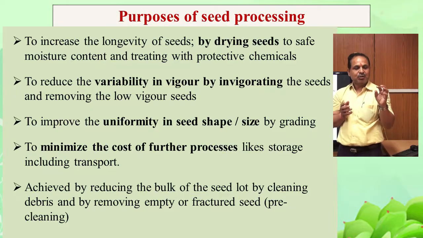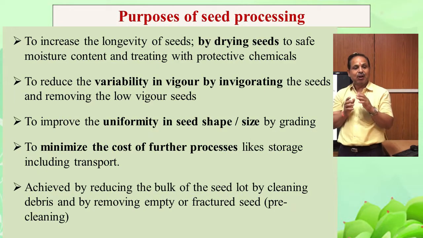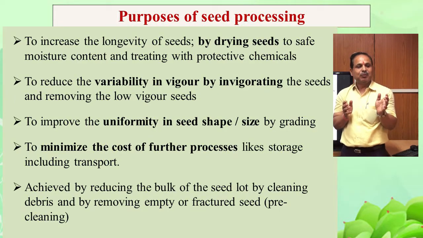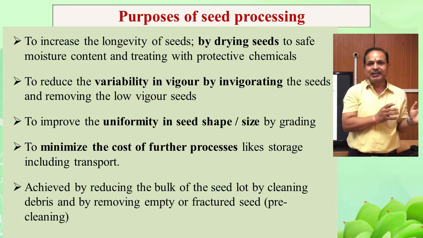It also reduces the variability in vigor by invigorating the seeds and removing the low vigor seeds. We know very well that seed vigor is a very important feature of quality seeds.